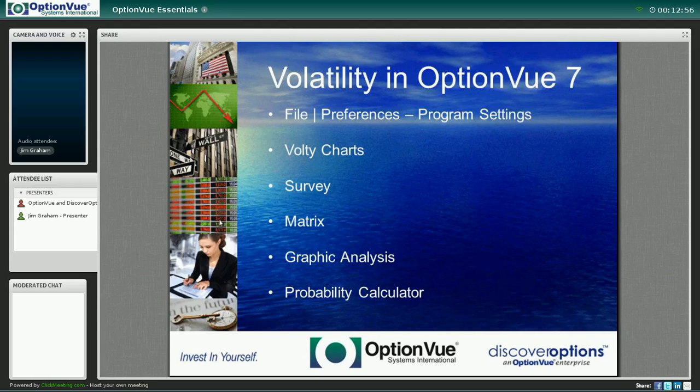In the matrix, both where it's displayed within the matrix, what it means, and also in the models, and then how it's used in the graphic analysis. And the last one I threw on, because it does use volatility as an input, is the probability calculator.